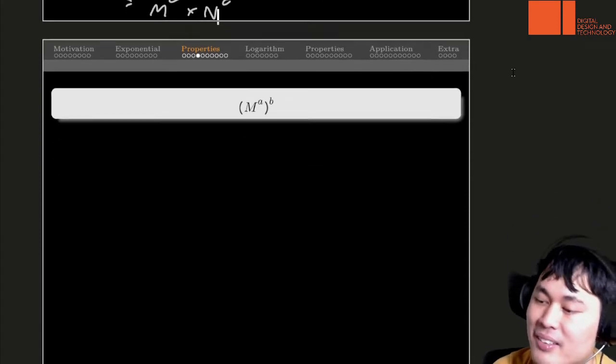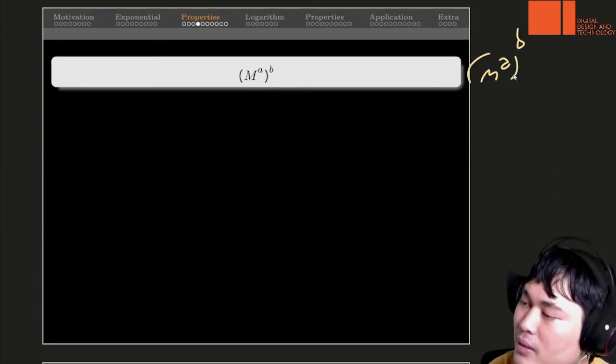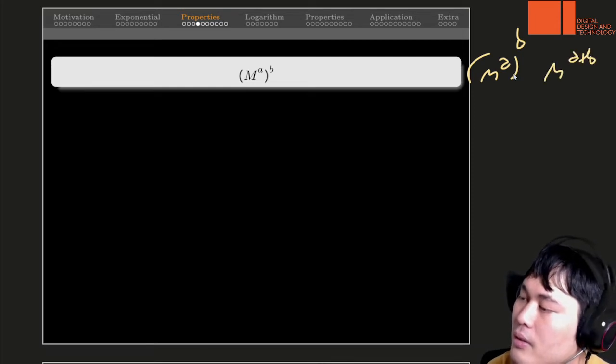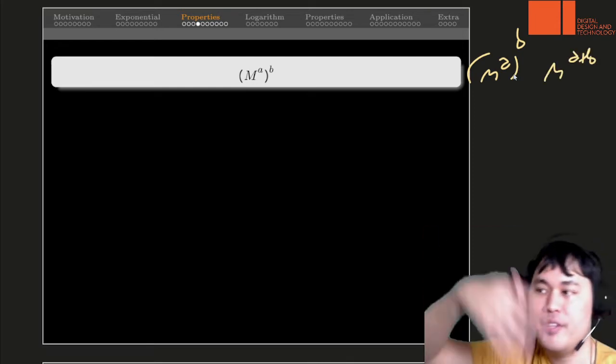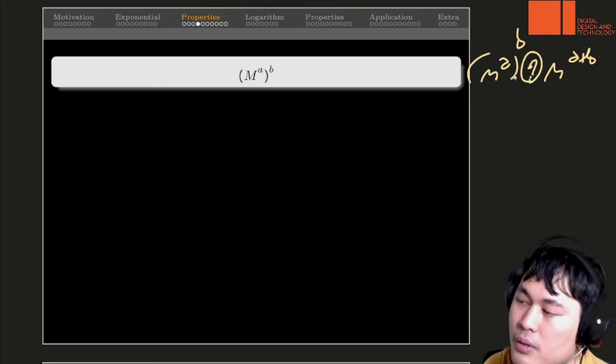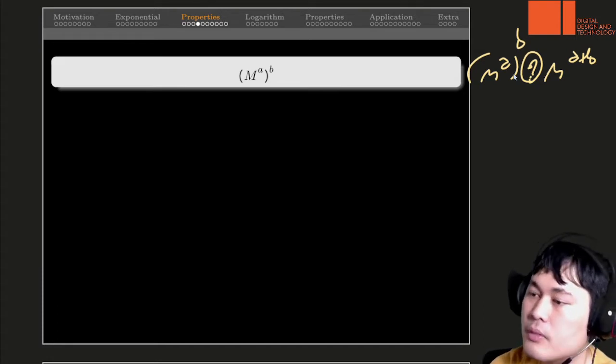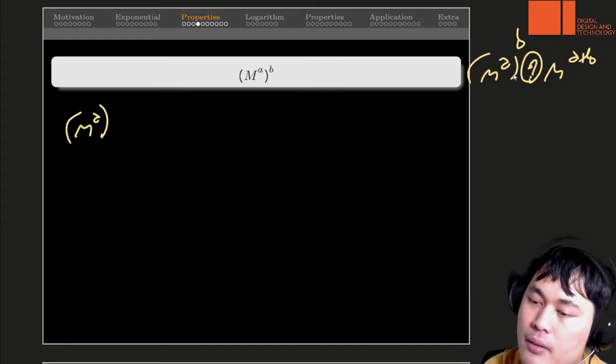What about this one? This is where people get confused. If you don't think back about the definition, it is easy to confuse these two statements. So let's see what this is.